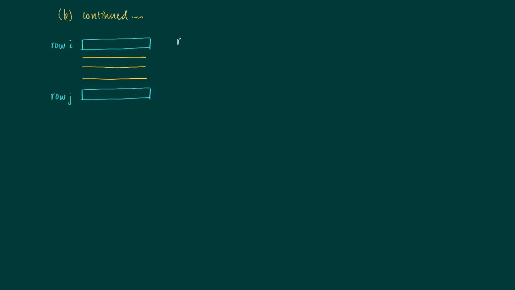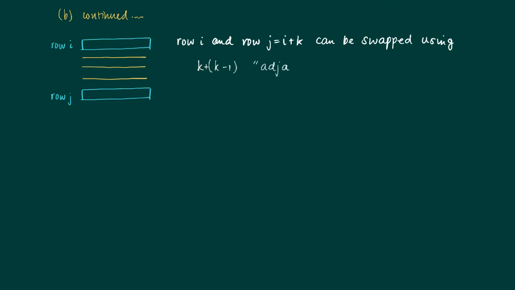But what happens if we have two rows i and j, and j is i plus some constant k? Now we can establish interchanging i and j using a number of swaps. First we swap row i with the one underneath, until j, so we need k operations to change i with j, and then move j up to the position where row i originally was.